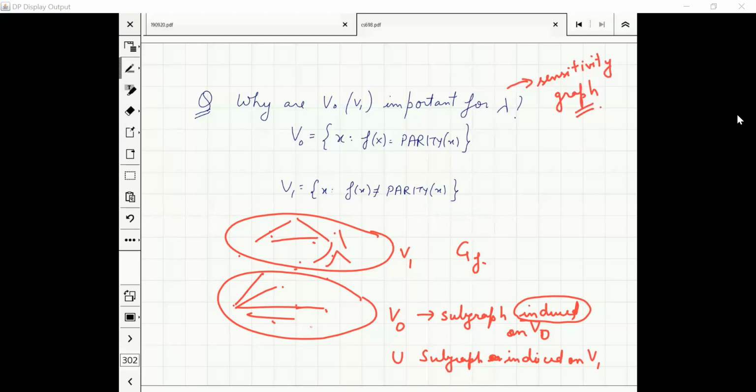Once I tell you this, you should be able to. And then if this is the case, what are the eigenvalues of G_f? Eigenvalues of the subgraph induced on V0 union eigenvalues of the subgraph induced on V1.